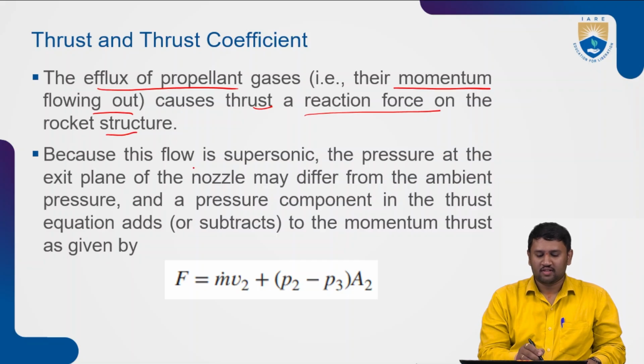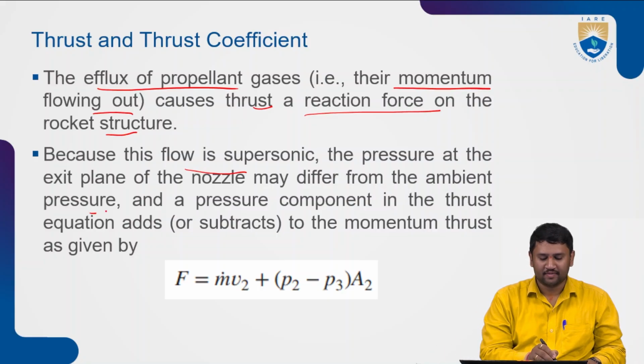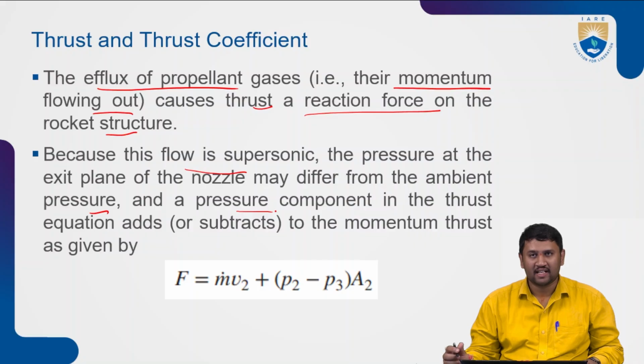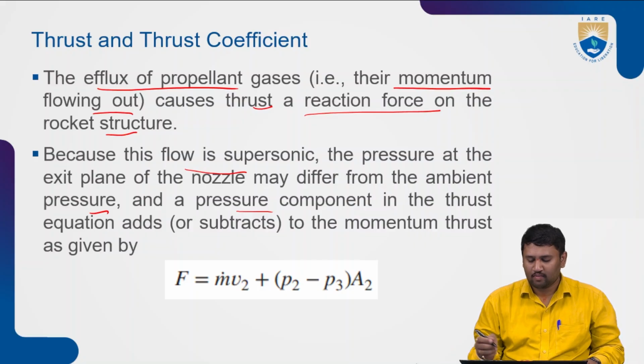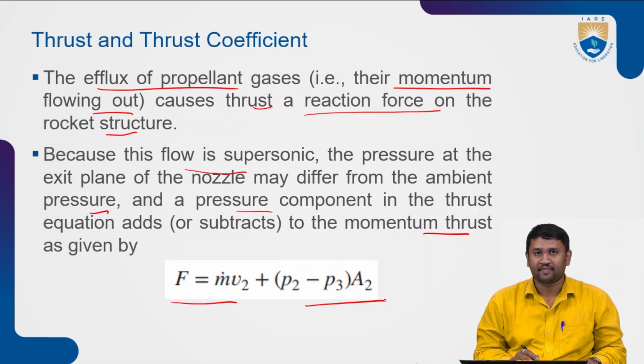Now, because the flow is supersonic, the pressure at the exit plane of the nozzle may differ from the ambient pressure, and a pressure component in the thrust equation adds to or subtracts from the momentum thrust, which is given by this form, right?